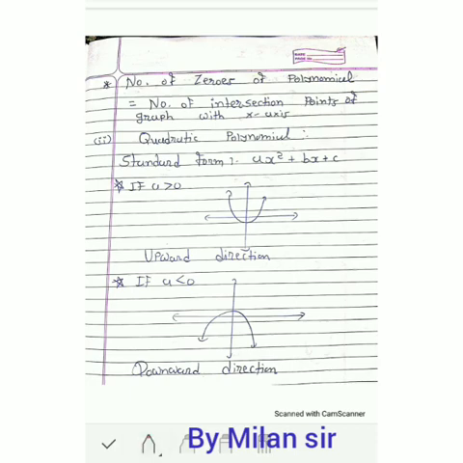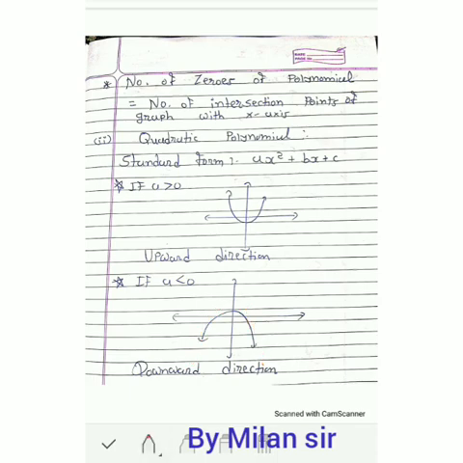If your a is positive, then the values of the polynomial increase, so your graph shows an upward direction. If a is negative, means less than 0, then the value of the polynomial becomes negative and it shows a downward direction.